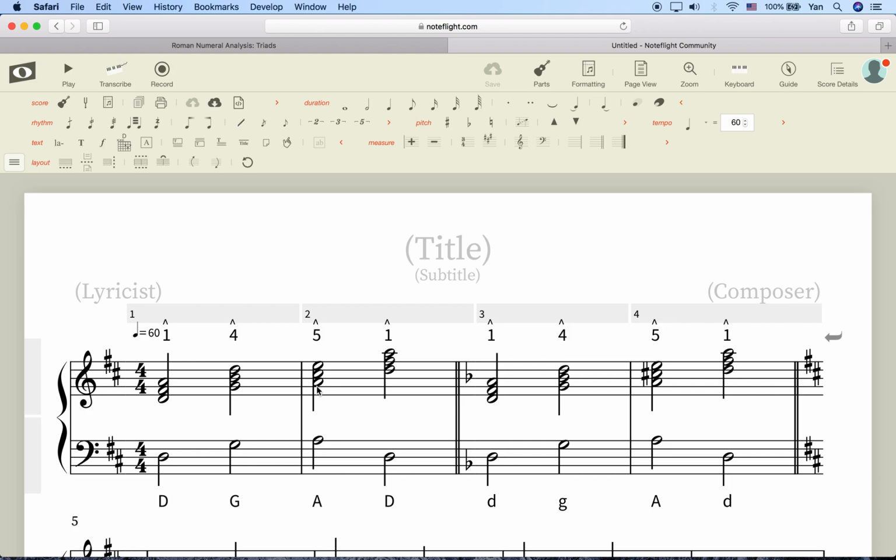Our next triad is built on the fifth scale degree, the dominant, and that's A, C sharp (remember C sharp from the key signature), and E, with our bass A down here. So that's A major. And finally, this dominant resolves to the tonic again, which is D, F sharp, A. Let's listen to that real quick.